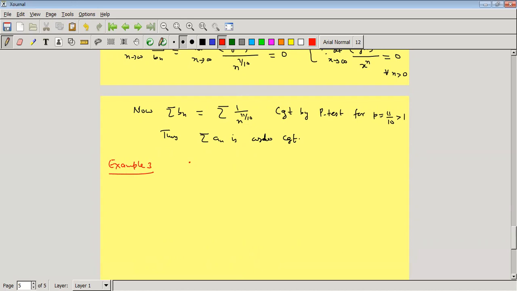So example 3: discuss the convergence or divergence of summation 1 upon (log n)^(log n).